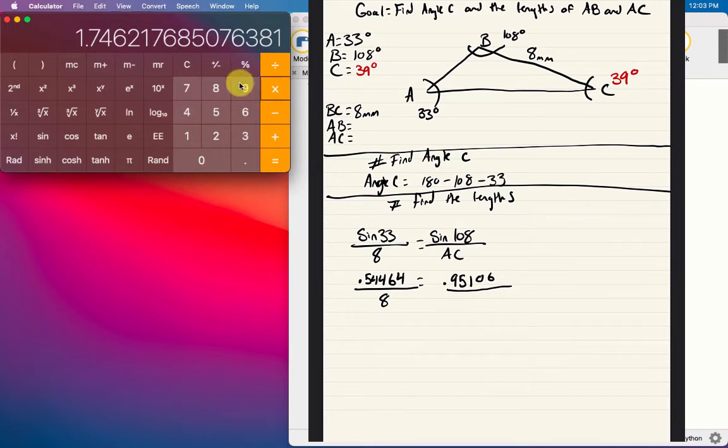We're going to multiply that by 8, which is the length that we know, and that gives us, I'll put this in red, 13.96974.